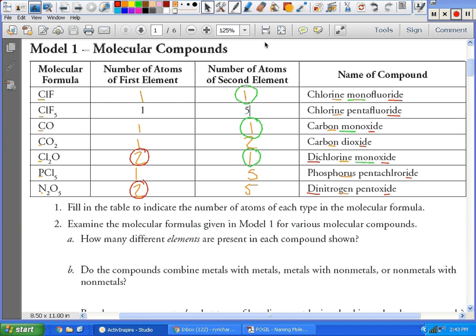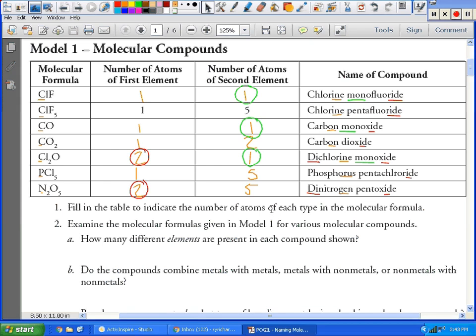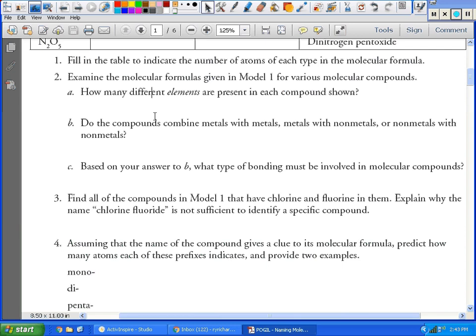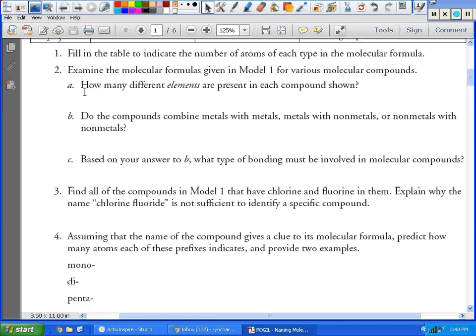Okay, so number 1, we've already done that. Number 2, examine the molecules given in Model 1 for the various molecular compounds. A, how many different elements are present in each compound shown? 2. Make sure you have a 2 for that one. B, what do molecular compounds combine: metals with metals, metals with nonmetals, or nonmetals with nonmetals?